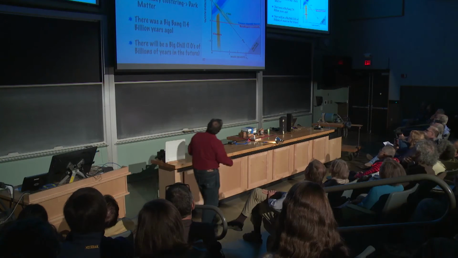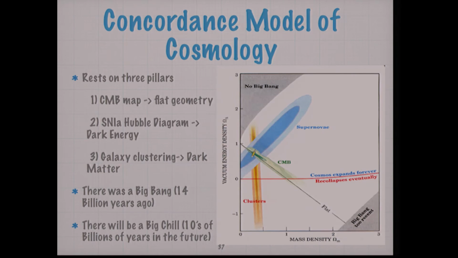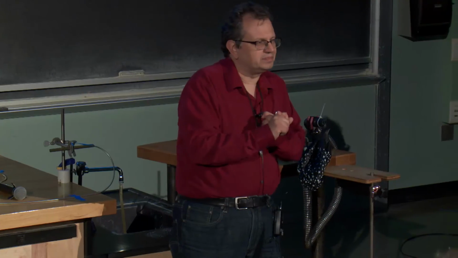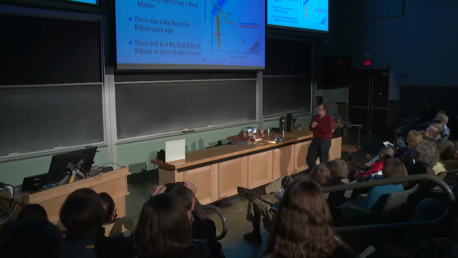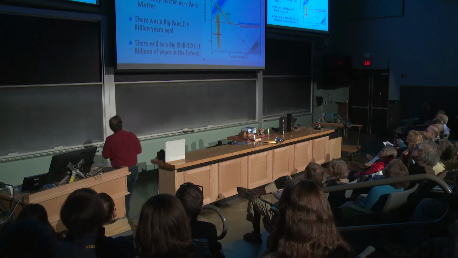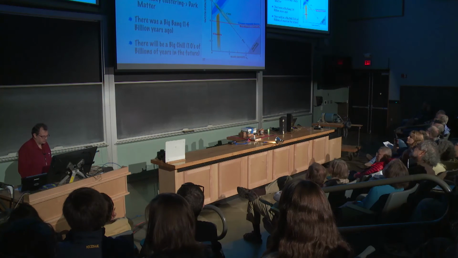And you can see that's the yellow thing, vertical thing, and you can see the blue thing, the green thing, and the yellow thing all come together at a point that says there was a Big Bang, it happened about 14 billion years ago, and there will be a Big Chill in about tens of billions of years in our future. And the Hubble diagram with supernovae was one of the first big clues that that's what was happening.